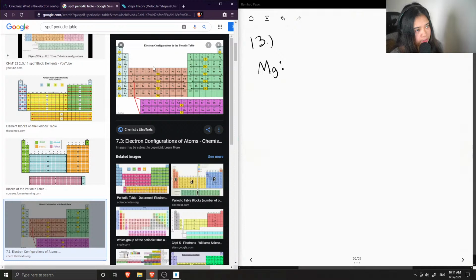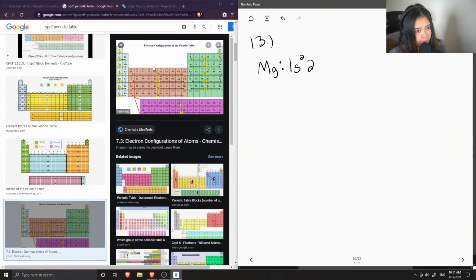So then let's just write the electron configuration of ground state magnesium first. So the electron configuration would be 1s2, 2s2, 2p6, which corresponds to the 6 electrons in this orbital, and then finally 3s2.